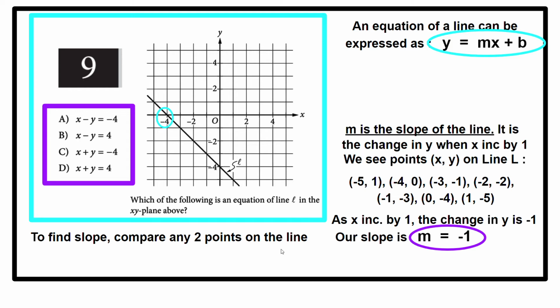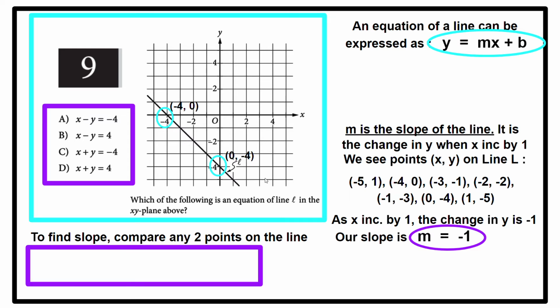Now, a more technically precise way to find the slope is if we're able to compare any 2 points on the line. So we have point (-4, 0) on the x-axis, and we have point (0, -4) on the y-axis. Let's compare them. We can find the slope by taking the difference of the y's and dividing that by the difference of the x's.